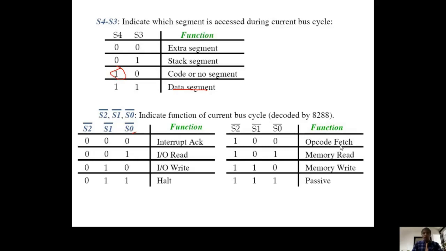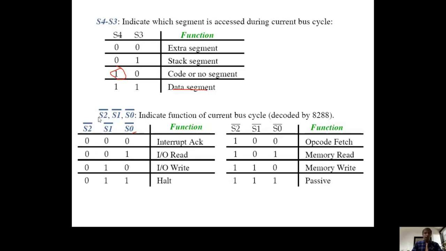In the BIU there is an instruction byte queue that will fetch the opcodes. Whenever it is 100, opcode fetching is possible. If it is 101, memory read operation, meaning the processor reads data from memory. If it is 110, memory write operation, the processor writes data to memory. If it is 111, all three are inactive because they are bar signals, so the processor may not perform any operation.